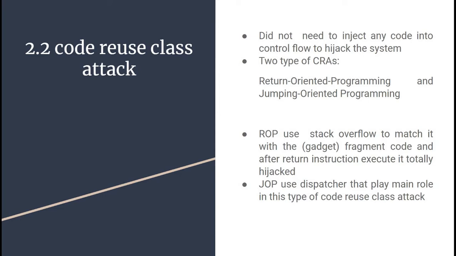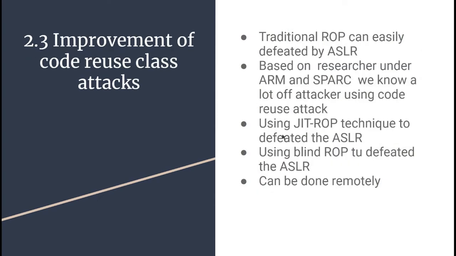Then the malicious behavior can be carried out. Next, for JOP: it has one main role called the dispatcher, which plays the critical role in this type of attack. It needs to maintain a virtual program counter.